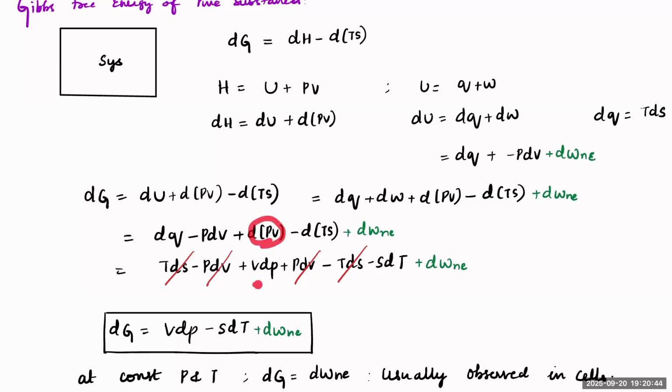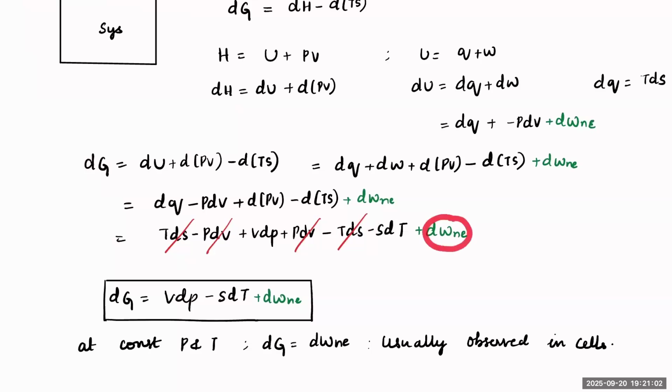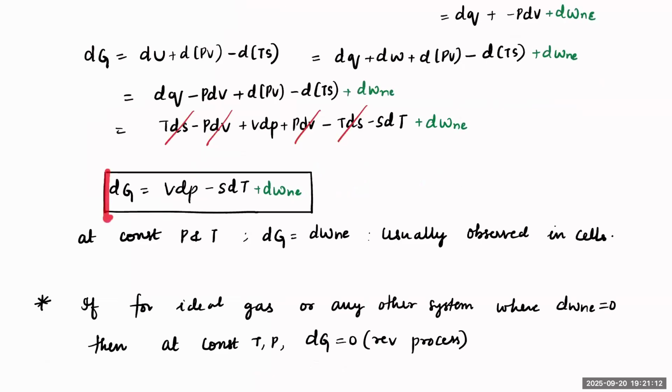And then you have d of Ts, which can be written as TdS plus SdT. And lastly, I'll carry the non-expansion work here. So you can clearly notice that TdS will get cancelled, pdV will get cancelled. What is remaining? dG is equal to Vdp minus SdT plus non-expansion work. Okay. This is for non-expansion work.